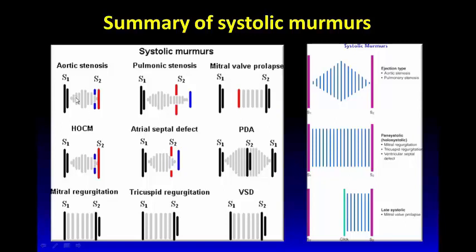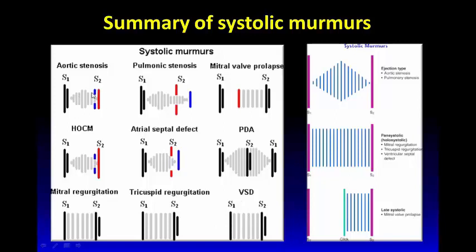This is the ejection systolic, mid-systolic murmur of aortic stenosis, the ejection systolic murmur of pulmonary stenosis, the mid to late systolic murmur of mitral valve prolapse, the holosystolic murmur of mitral regurgitation, the pansystolic murmur of tricuspid regurgitation, and again in cases of ventricular septal defect, the murmur is pansystolic or holosystolic.